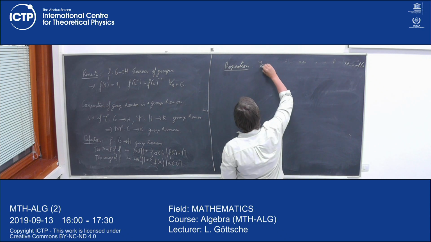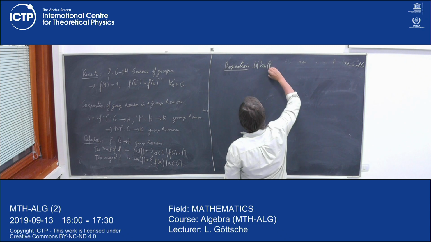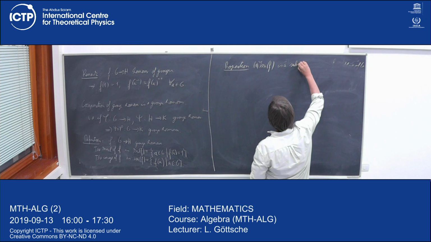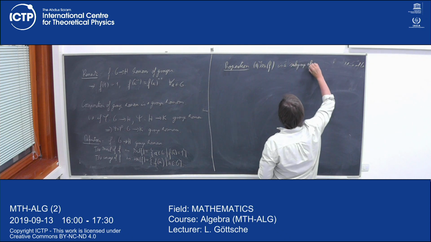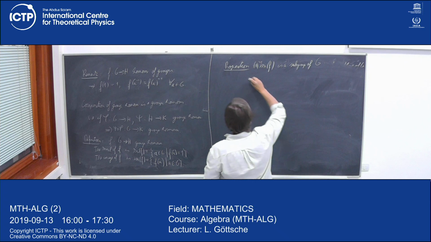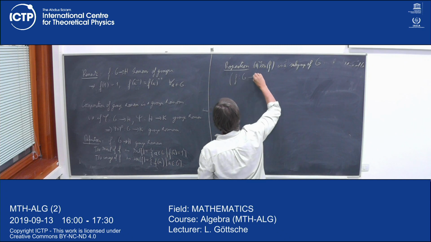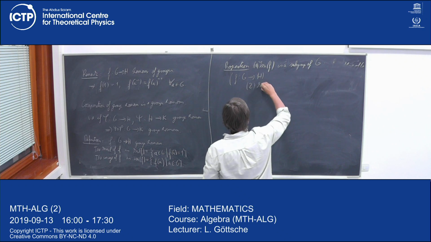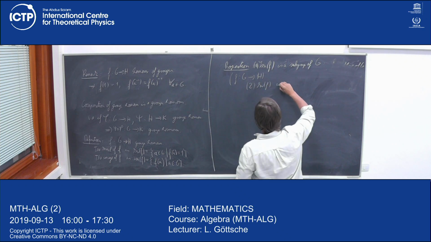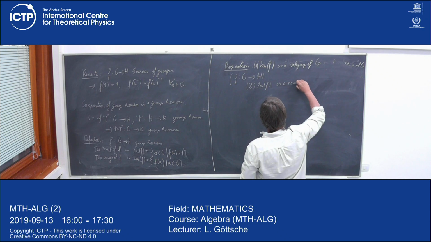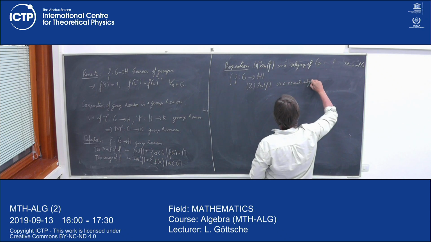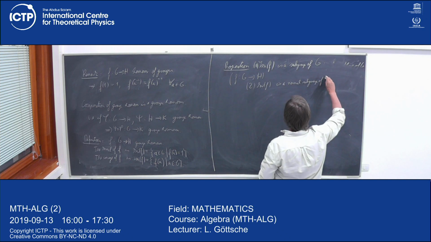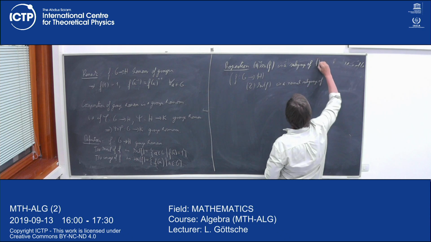Then the image of f is a subgroup of H, and the kernel of f is a normal subgroup of G. I got it wrong before, obviously.